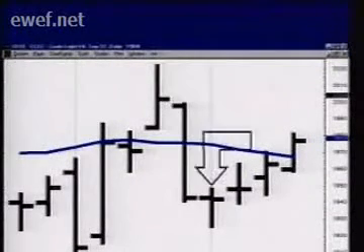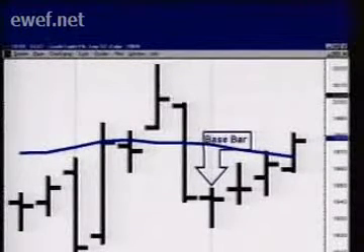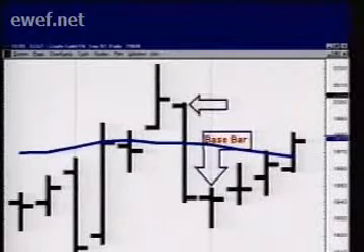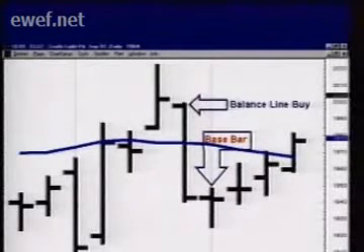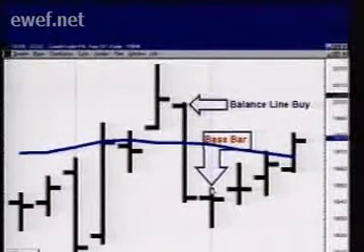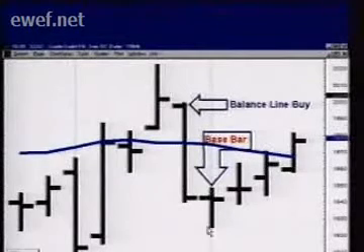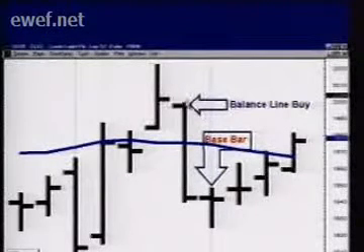Here we have a base bar, because that bar is the most recent lowest high. And here we have the balance line buy signal, which would be one tick above that bar. And the reason it's that bar is because the base bar, although it is below the balance line, the signal bar, when it's hit, would be above the balance line.